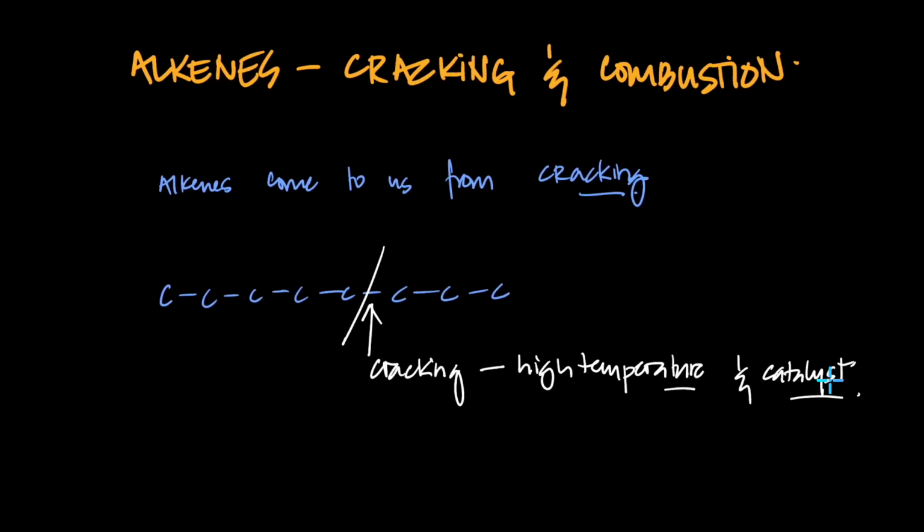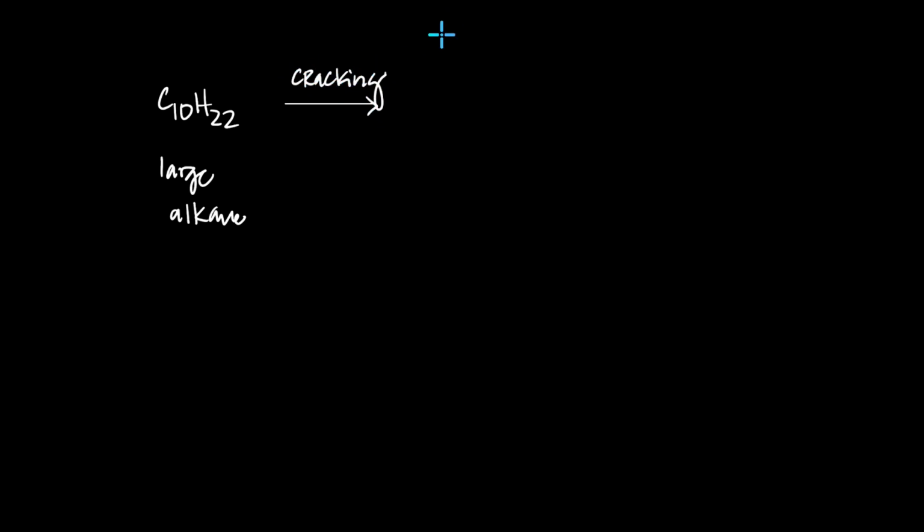And so when you take, for example, something as big as C10H22, a very large alkane, and when we crack it, sometimes we get something like octane, which is an alkane, and ethene.